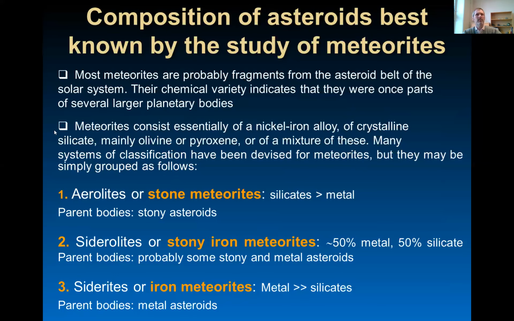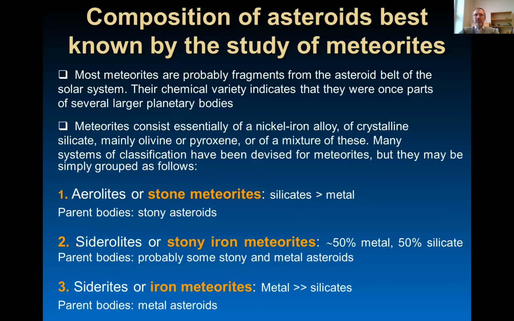There are many systems of classification for meteorites, but to keep things simple, we can group them as three types. The first one, aerolites or stony meteorites. The silicates are more abundant than metal, and we believe the parent bodies of these meteorites are stony asteroids.